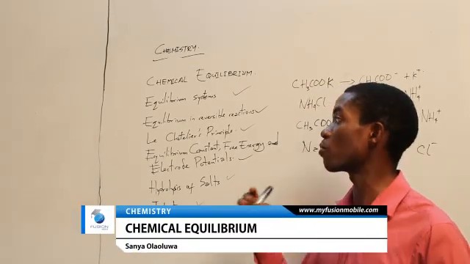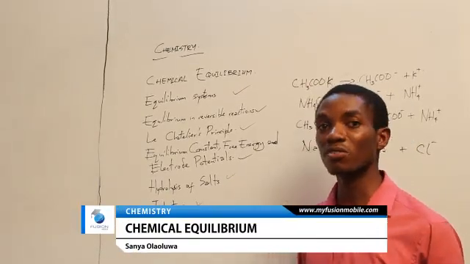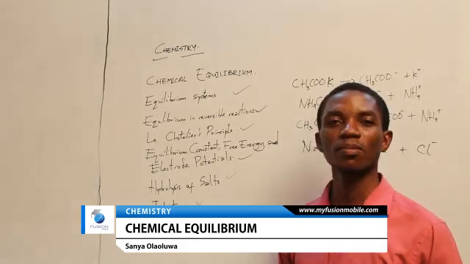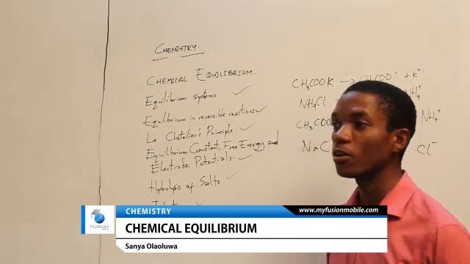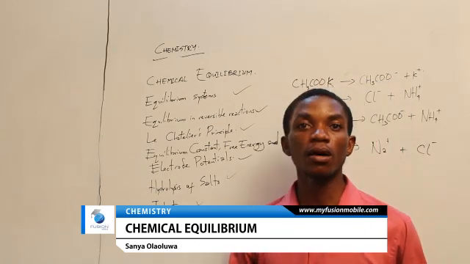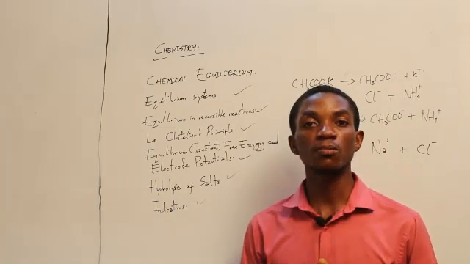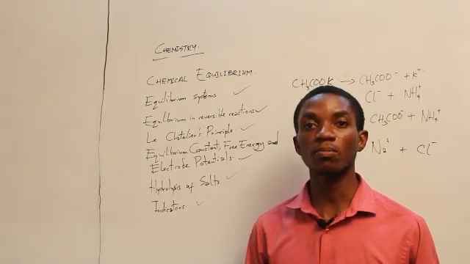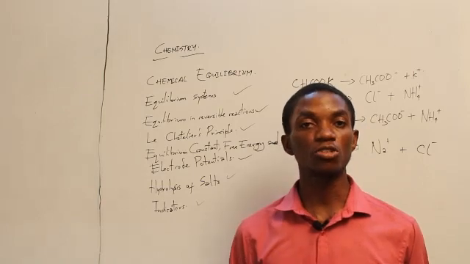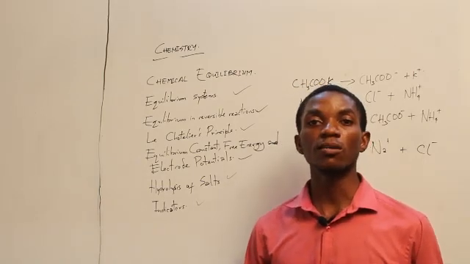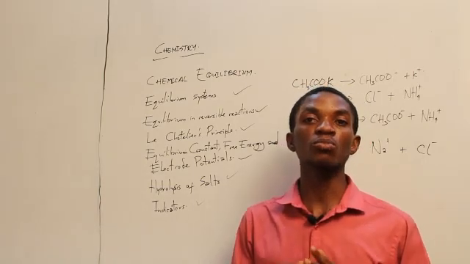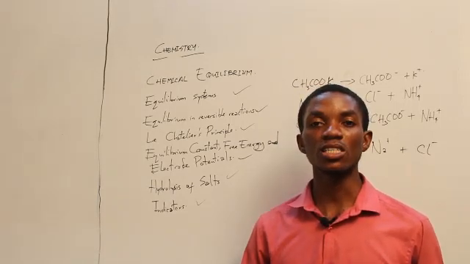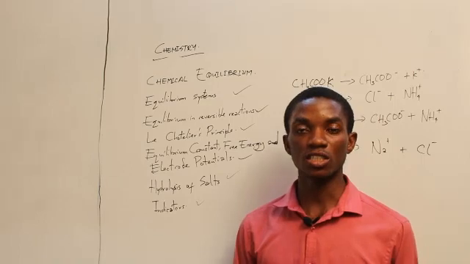In the closed system, equilibrium is very common when we have a reversible reaction, and that led us to Le Chatelier's principle, which says that when the conditions of a system in equilibrium are altered in terms of temperature, pressure, or concentration, the system would move so as to balance out the change.